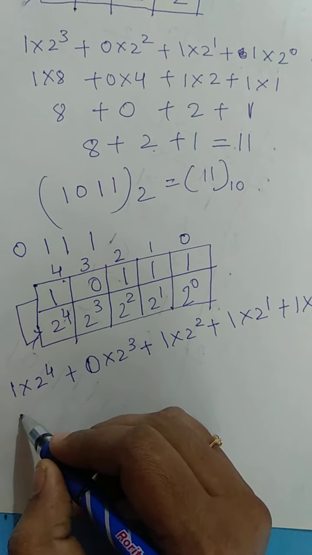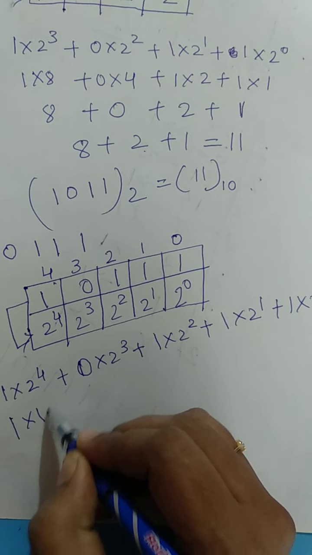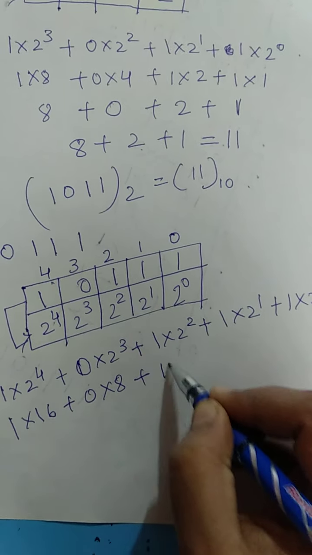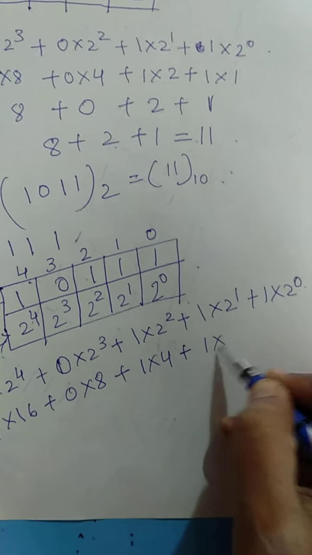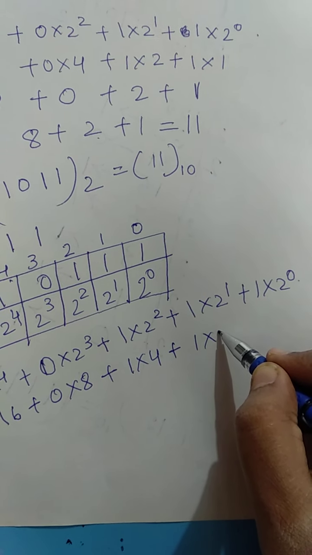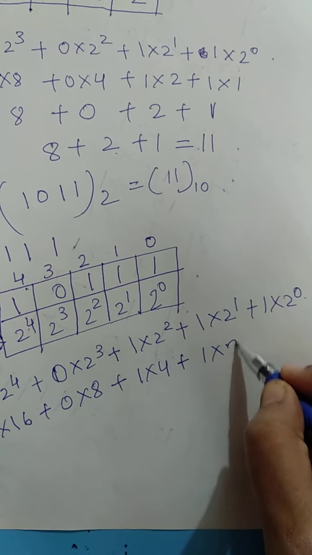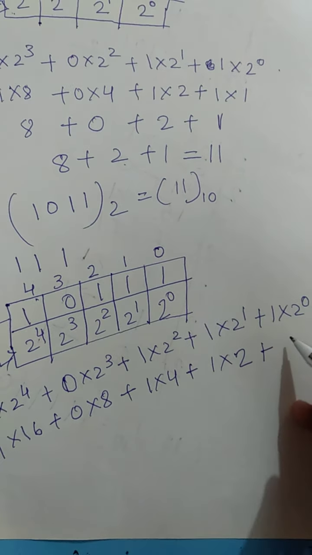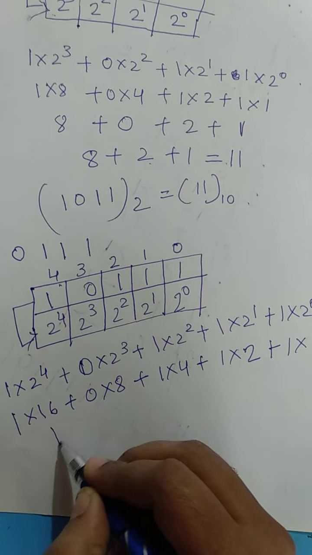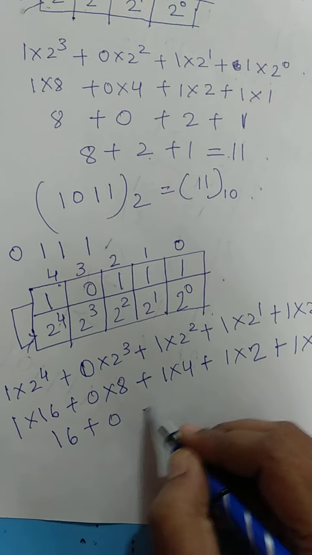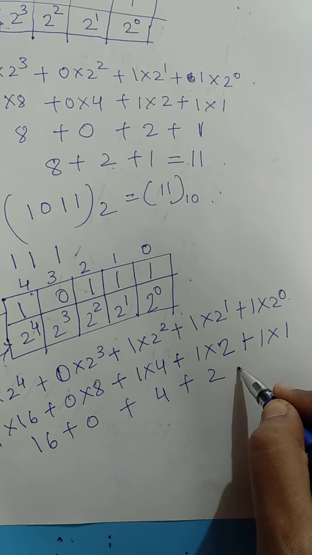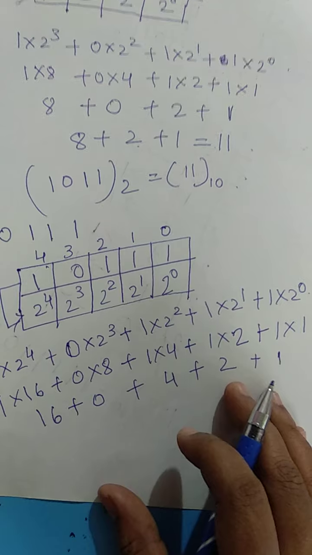So 1 into 2 raised to 4 is 1 into 16, 0 into 8, 1 into 4, 1 into 2 raised to 1, that is 2, and 1 into 2 raised to 0 is 1 into 1. So 1 into 16 is 16, 0 into 8 is 0, 1 into 4 is 4, 1 into 2 is 2, then 1 into 1 is 1.